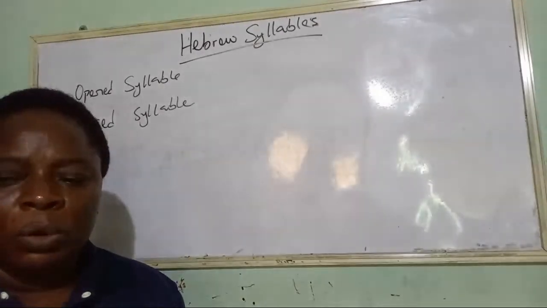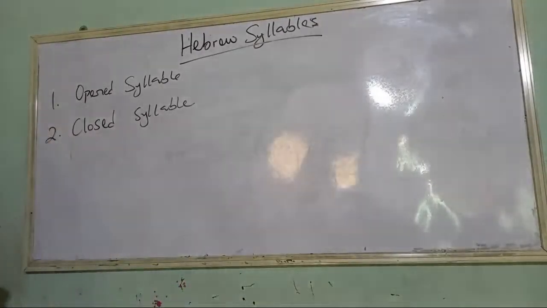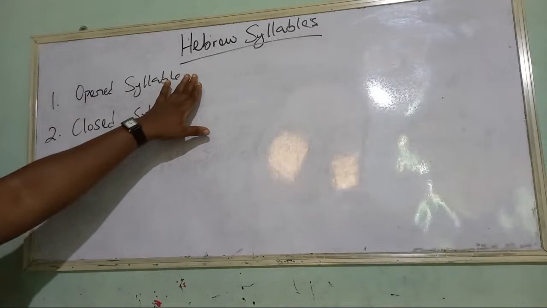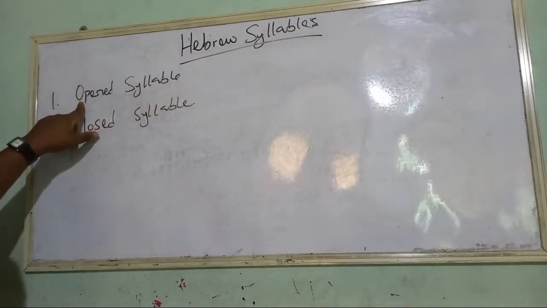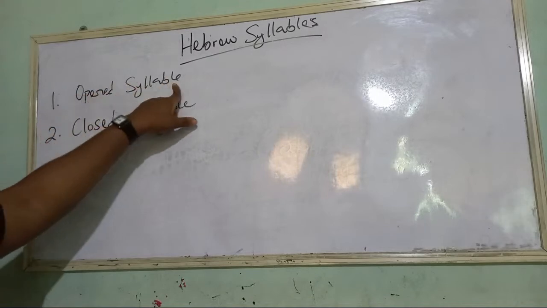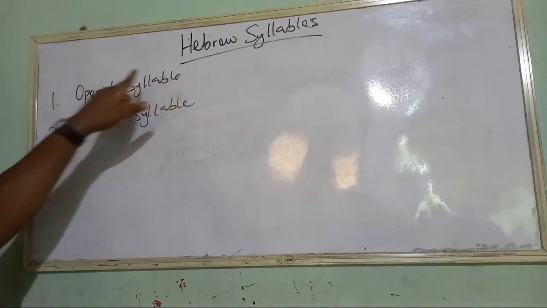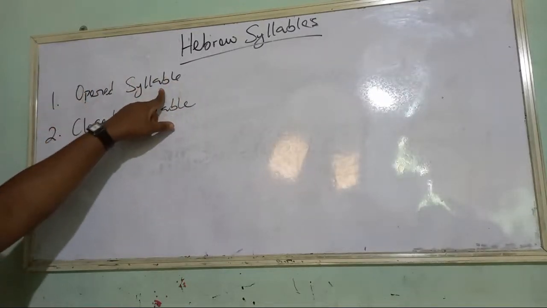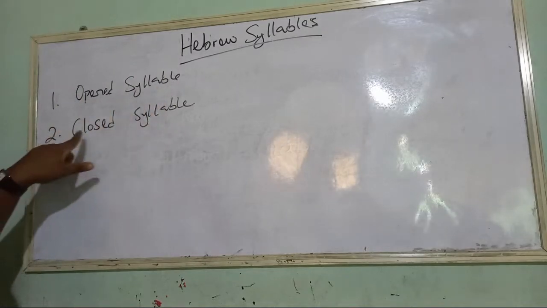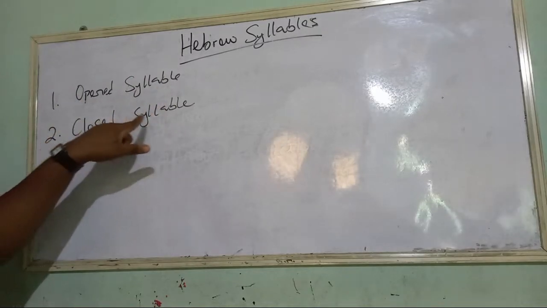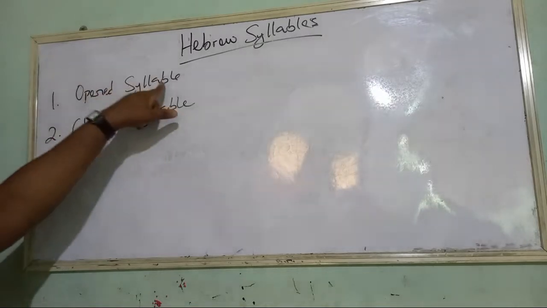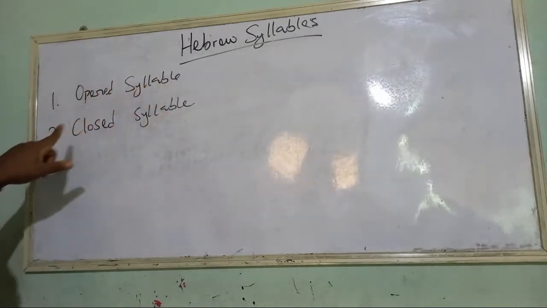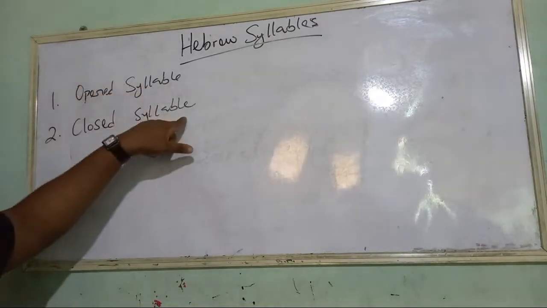There are two types of syllables in Hebrew. The first one is the open syllable. The second is the closed syllable.